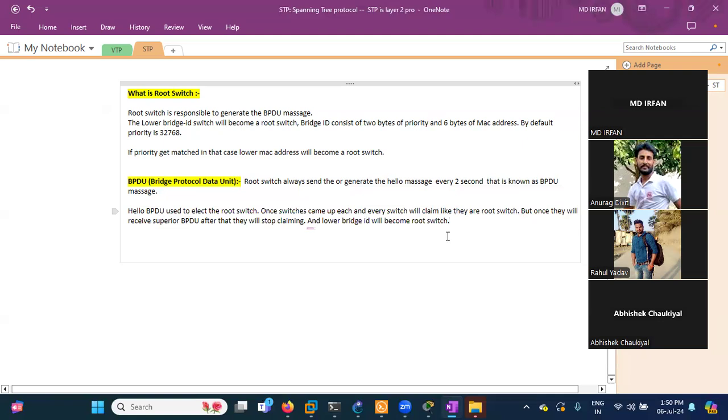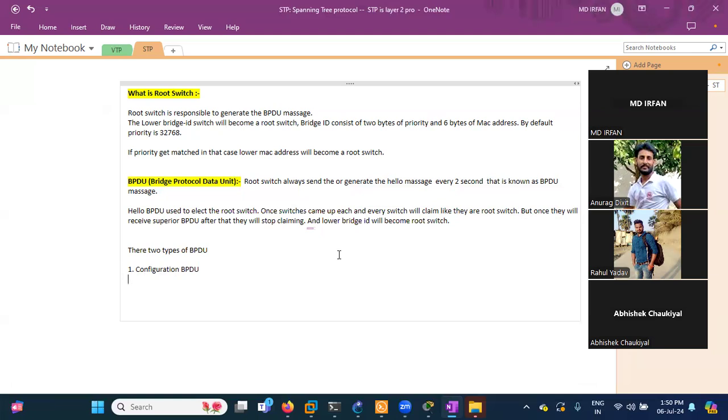This is basic information about BPDU. I will explain again. There are two types of BPDU. First is the configuration BPDU, that is hello BPDU.